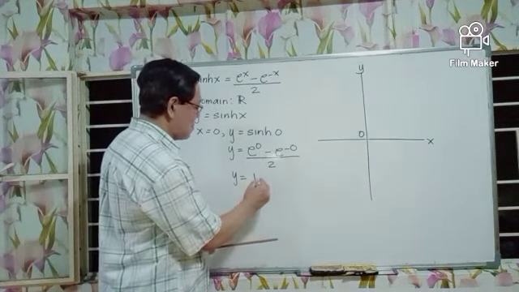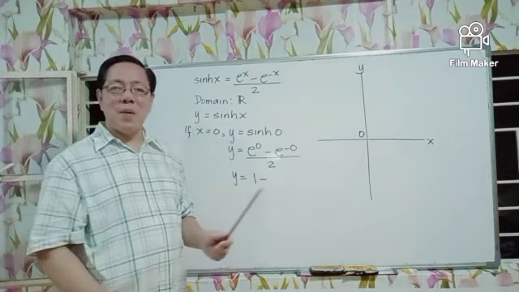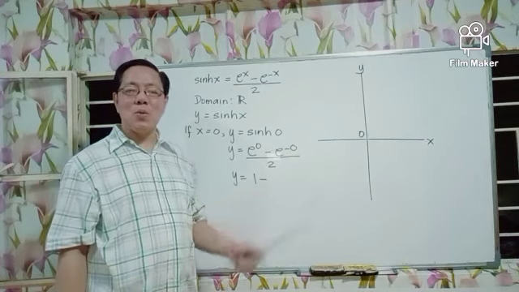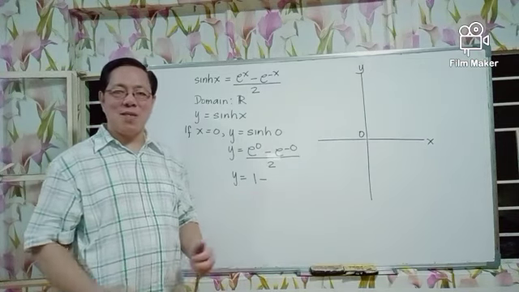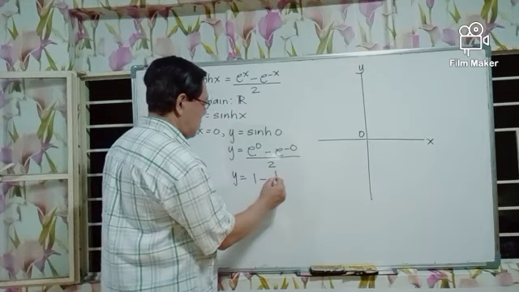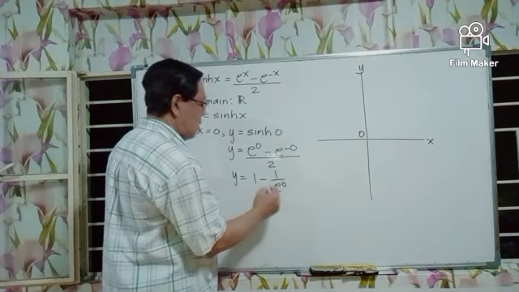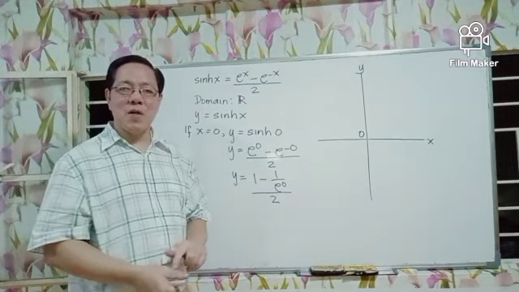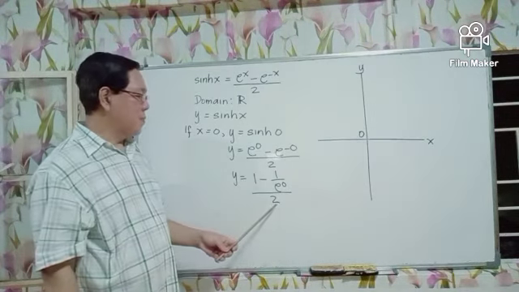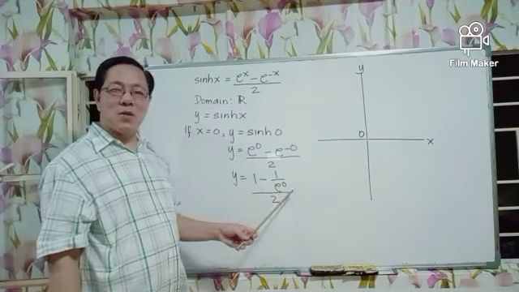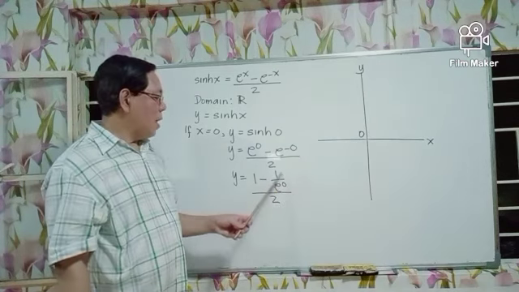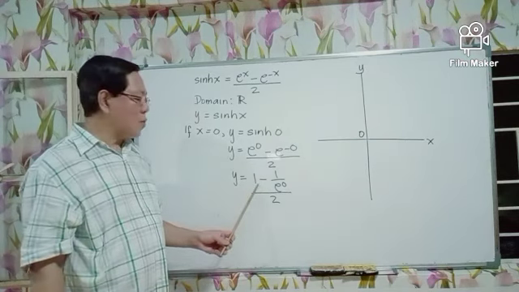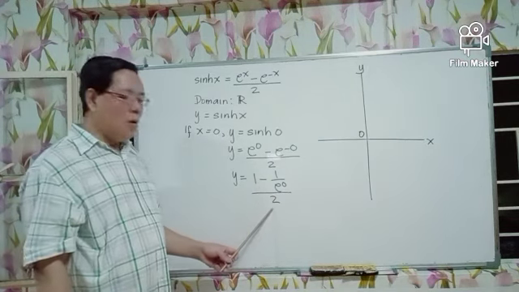Minus, and by property of exponent, e raised to negative 0 is equal to 1 over e to the power 0, all over 2. Now again, e raised to 0 is 1, and 1 divided by 1 is 1. Hence, the numerator simplifies to 1 minus 1 all over 2.